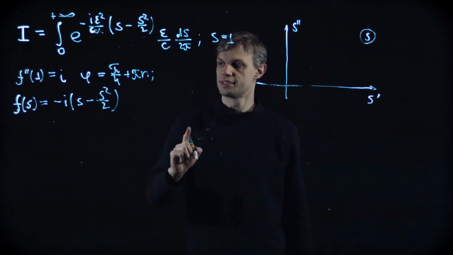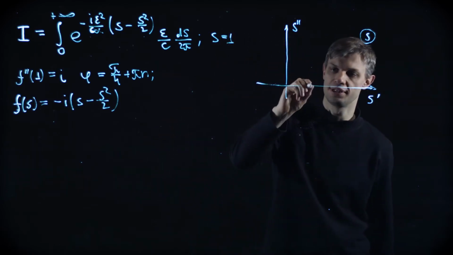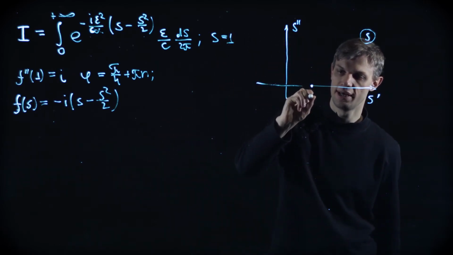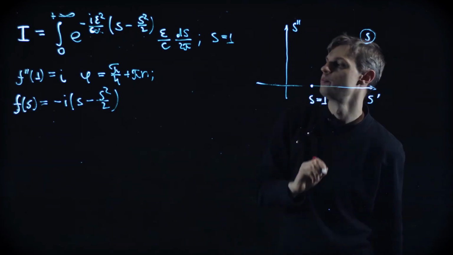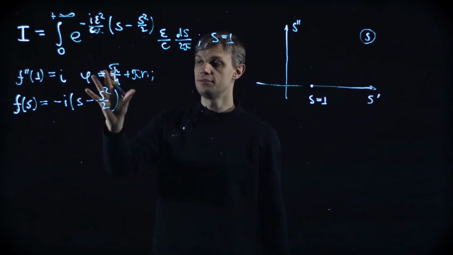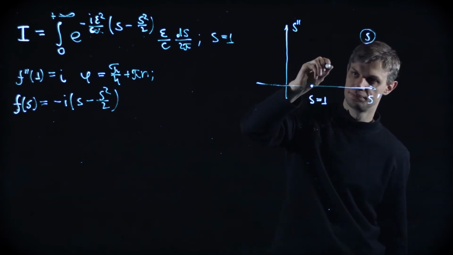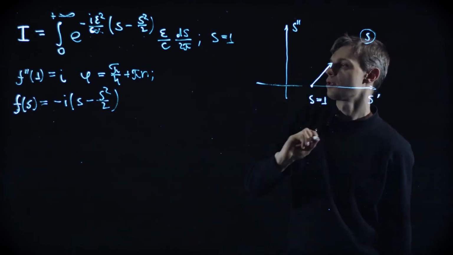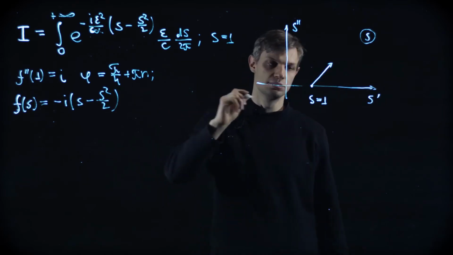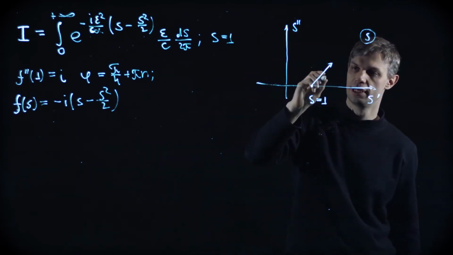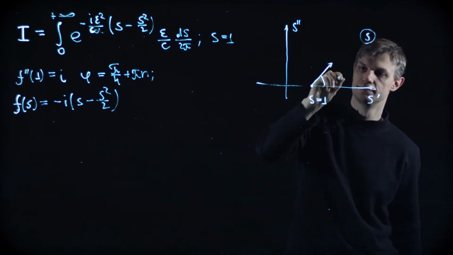And the saddle is positioned at the point s equals 1. And as usual, there are two steepest descent directions. One is pi by 4, which corresponds to n equal to 0, right? Okay.